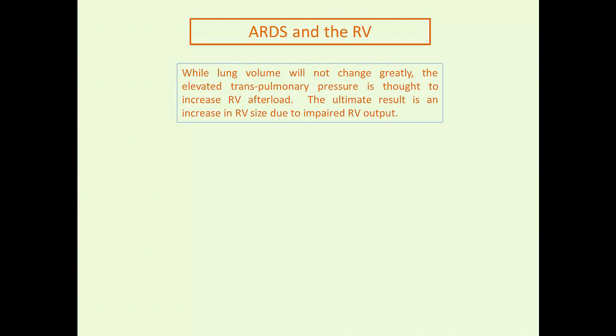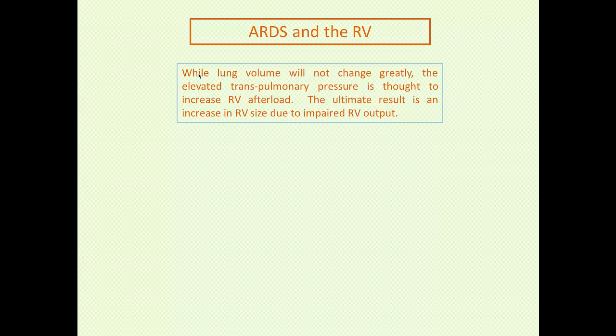While lung volume, well, I shouldn't say while lung volume will not change greatly. If these patients are on volume-limited mechanical ventilation, as they really should be, because that's what the ARDSNet trial used, the volume will be constant, but there will be an elevation in the transpulmonary pressure, and it is the increase in transpulmonary pressure that augments right ventricular afterload. And remember, we talked about what determines pulmonary vascular resistance.